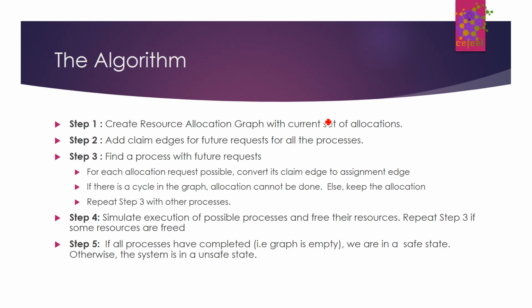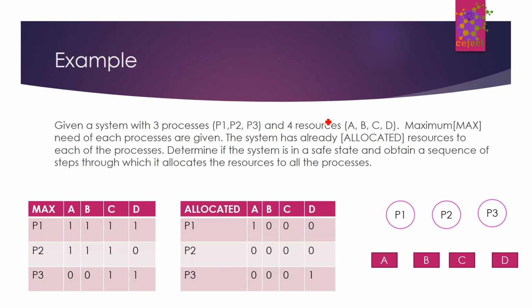So cool, all these steps were a little involved, but let's get to an example to see how we can apply this algorithm and to see how it works. Cool, so here is an example.